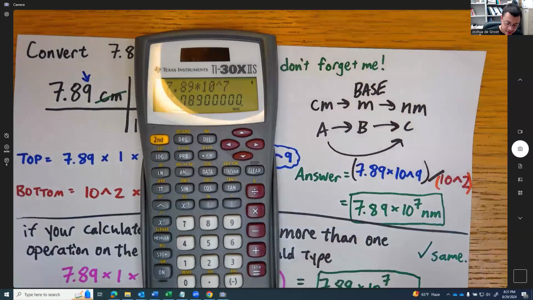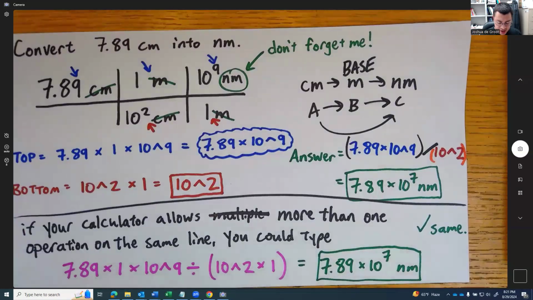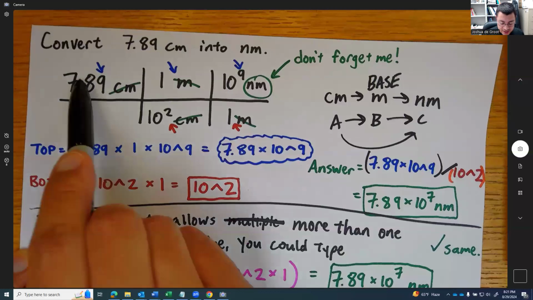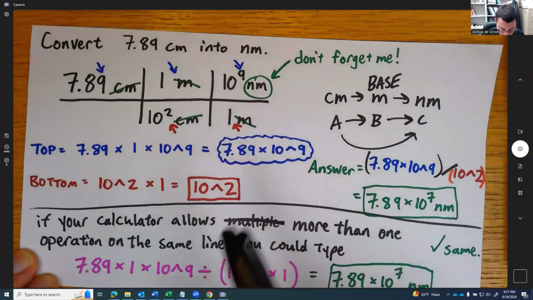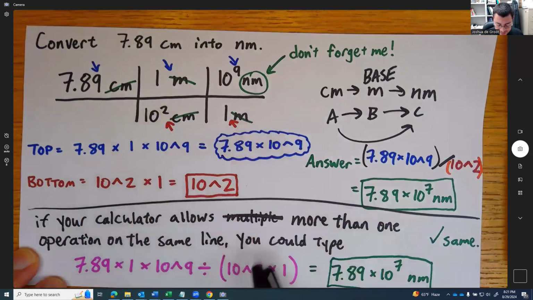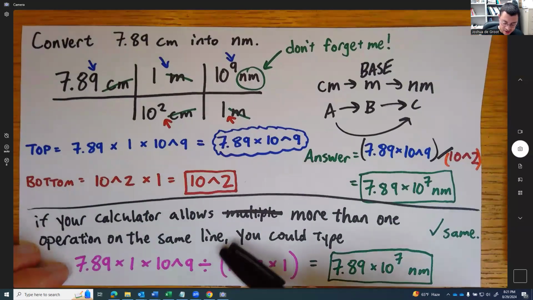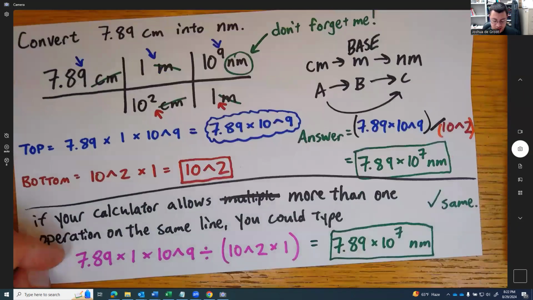All right. Now, what if your calculator allows for more than one operation on the same line? Okay. Then you can just type out everything you had at the top, type a divide symbol, and then put everything you had in your denominator after the divide symbol. And you can see here, I did use the parentheses.